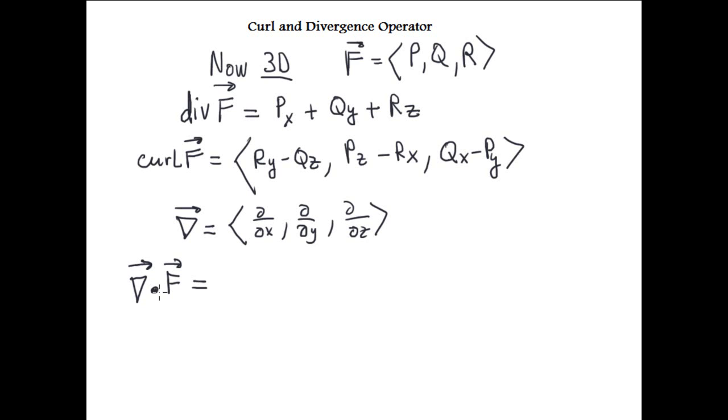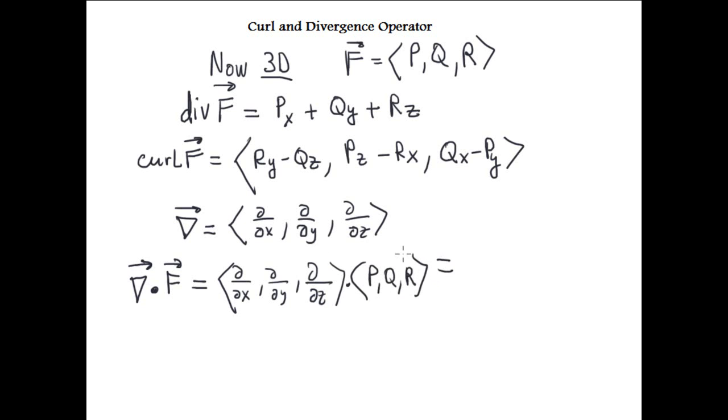It's a dot product, so the answer is a scalar function. And the scalar function is the partial derivative with respect to x, comma, partial derivative with respect to y, comma, partial derivative with respect to z, dot product, P, Q, R.